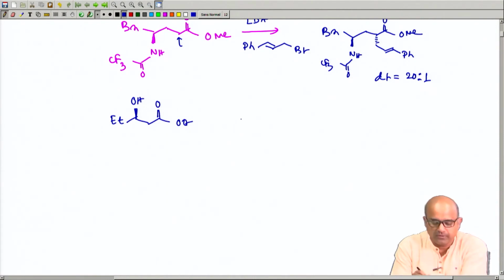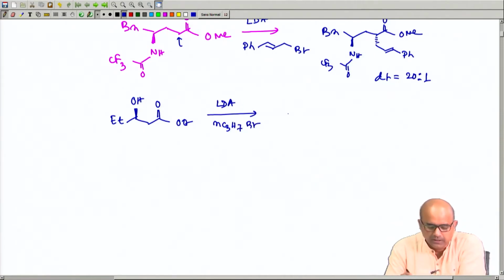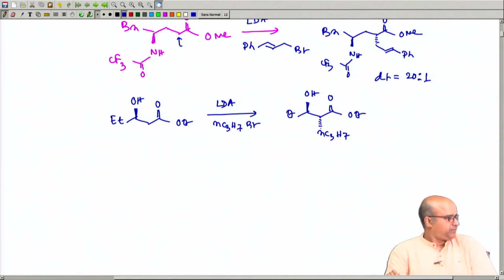Now, this particular compound, if I use a base like LDA and an electrophile like say n-C3H7Br, the observed diastereoselectivity was found pretty good, and you can see that the major product which was obtained had this absolute configuration.